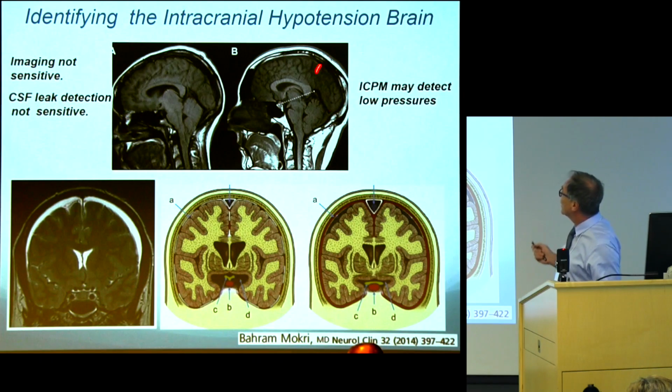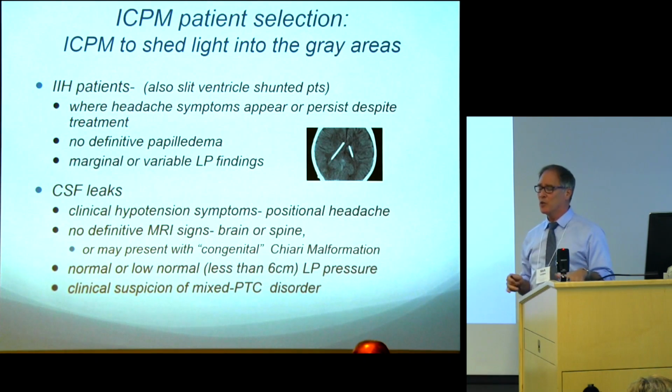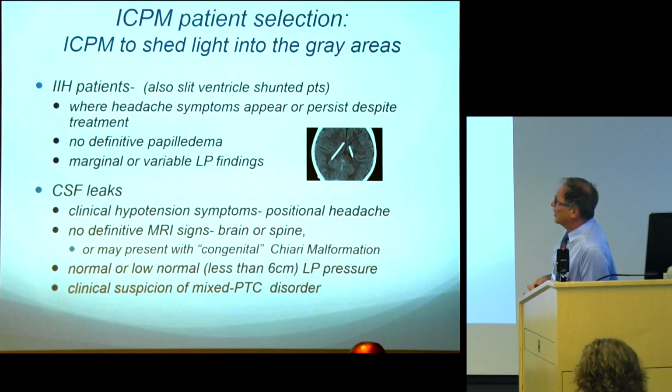So that's why we need some ICP monitoring to really take a step back and see if these patients have low pressure to make a decision. In this study, and this is really a preliminary look at data that we use, we've used more and more ICP monitoring in order to help us guide the treatment in these patients. And they come basically in two groups, the high pressure patients.